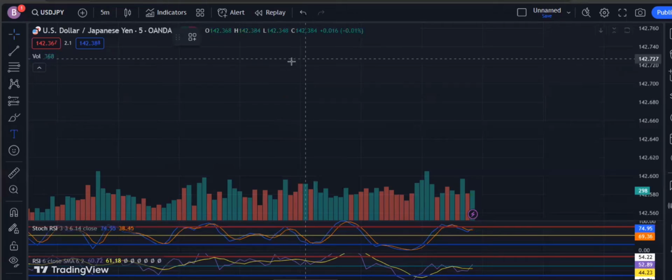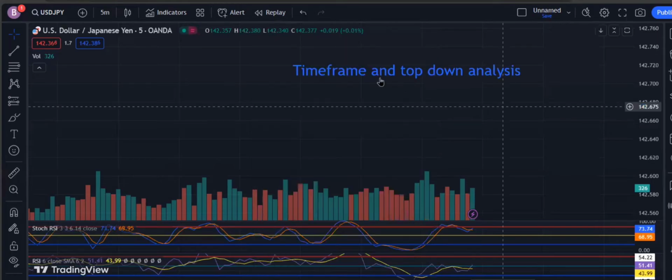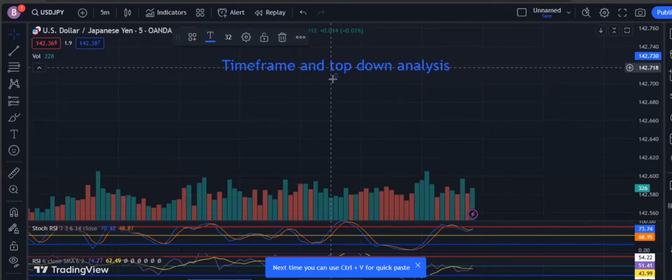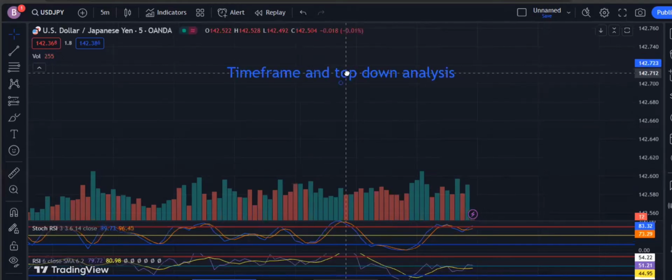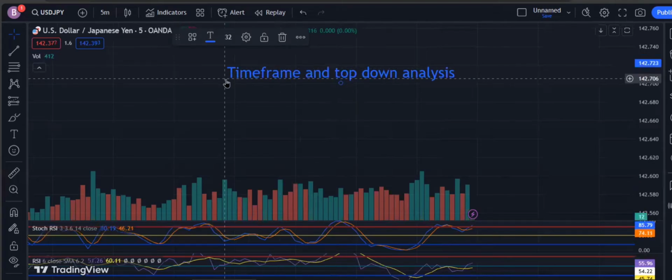Time frames and what top-down analysis is. All right, so we look at these concepts today. God help us that we exhaust it, otherwise it will be rolled over to the next training section.